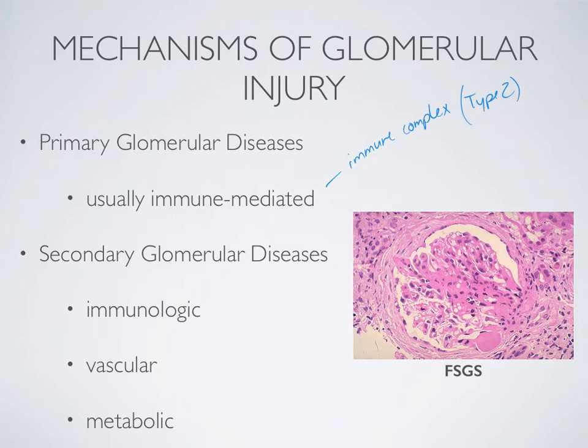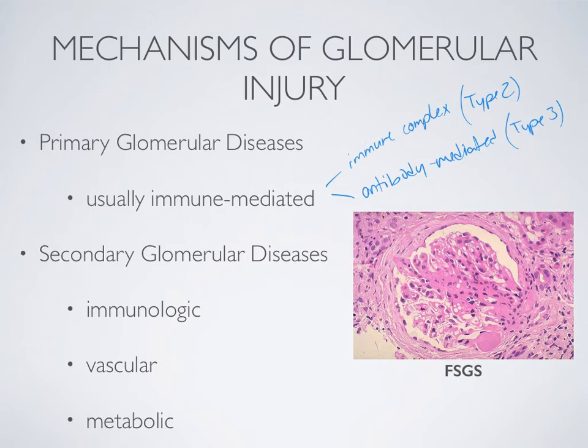And they're more likely to be deposited in the glomerulus than other places in the body because it filters so much blood, and you have those large fenestrae of the capillaries, so these immune complexes can actually get through the capillary wall and deposit in the glomerulus itself. And then you can also have antibody-mediated injury, which is the type 2 hypersensitivity, where you produce antibodies, and those antibodies bind to antigens within the glomerulus.